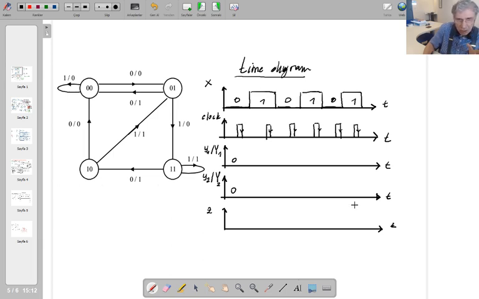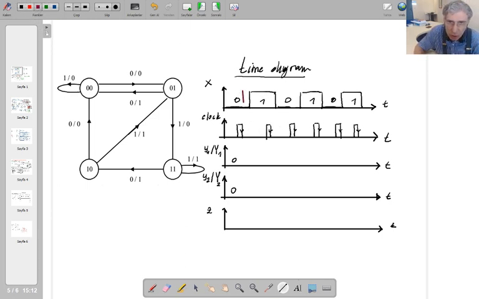Now, since our memory elements are negative edge sensitive, the state change for these memory elements is going to happen on this negative edge only. Let me draw that instant. I will draw it in this color.